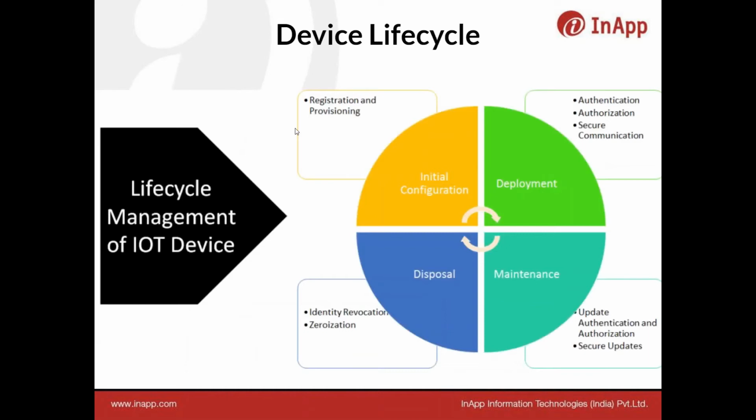We'll talk briefly about the life cycle of a device. The device needs to be onboarded to the system. When a manufacturer creates a device, it is when the device reaches the customer that it needs to be onboarded.